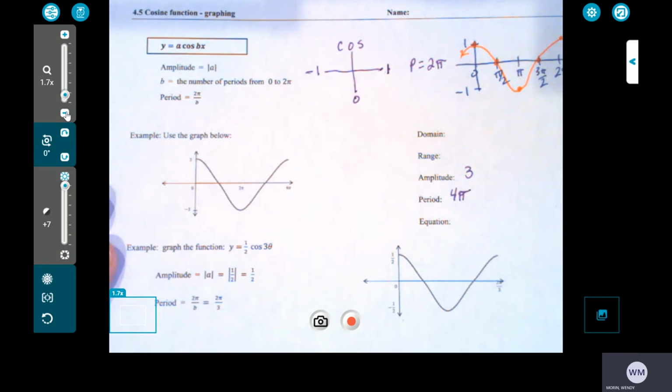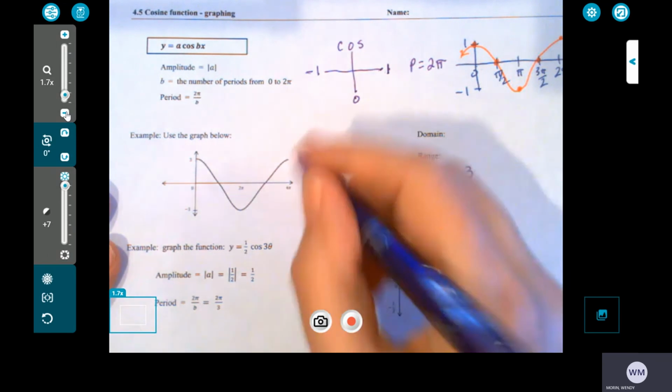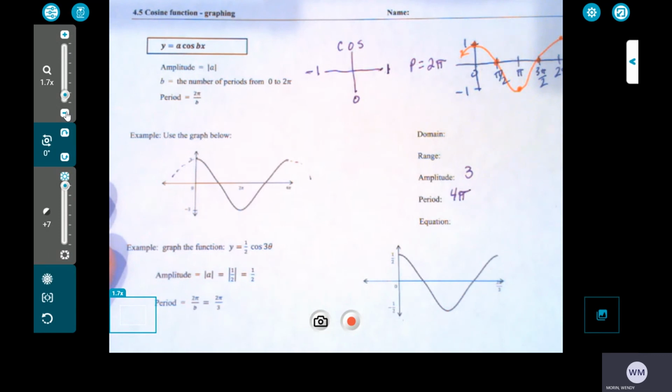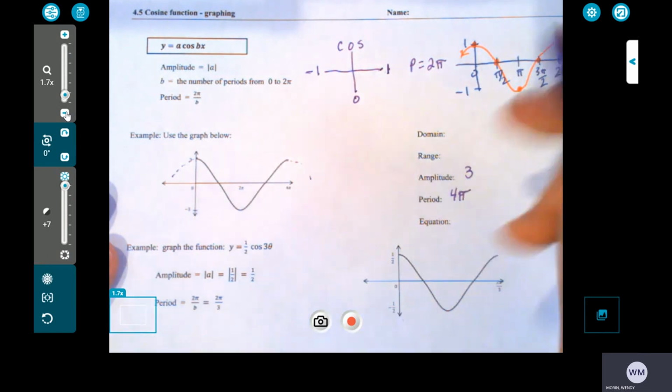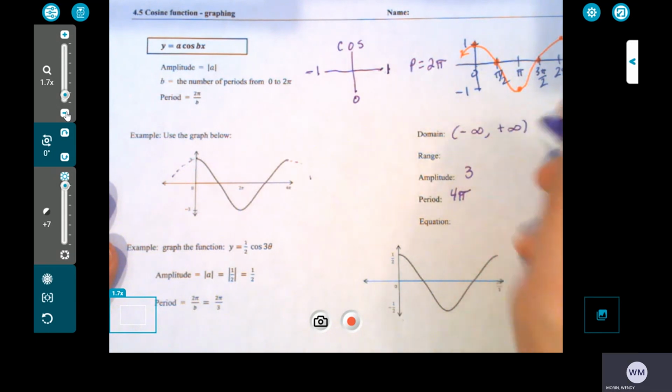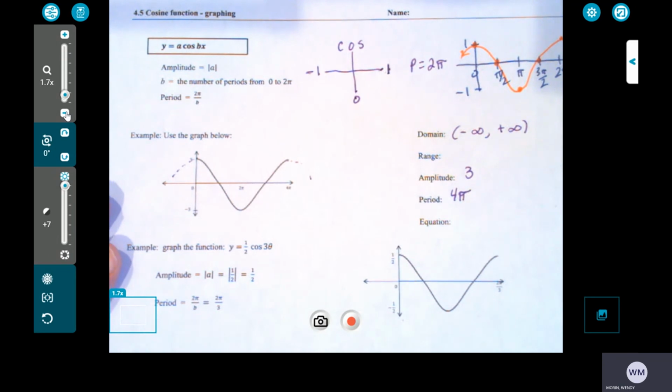Now, we didn't talk about domain and range, but domain, these graphs are periodic. They just keep repeating themselves over and over again. So all x values. We only graph one cycle, but there's an infinite number of cycles. So the domain is all x values. Now the range are your y values.